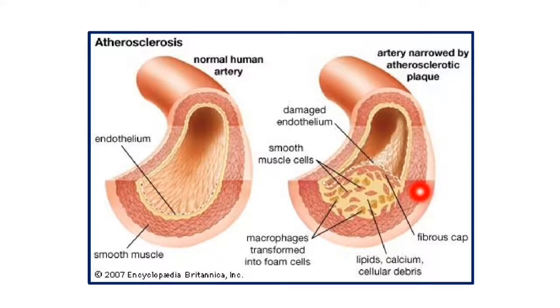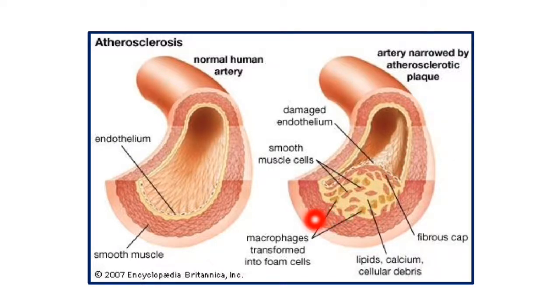Whereas here, increased cholesterol and LDL cholesterol in the blood leads to the oxidation of LDL, low density lipoprotein. If the LDL is more, it will be oxidized, and alteration of the inner wall or endothelium of the artery, usually called the tunica intima of the artery.